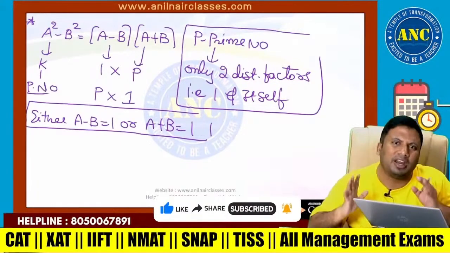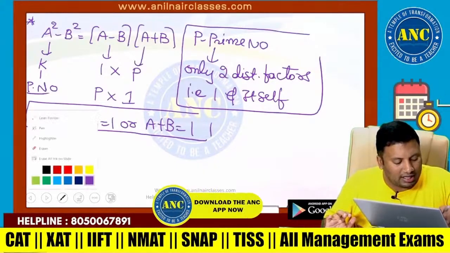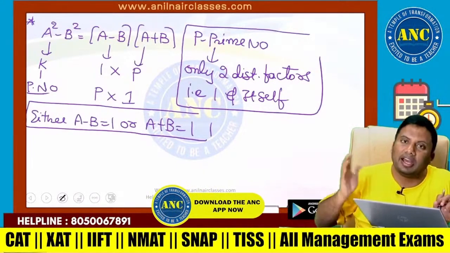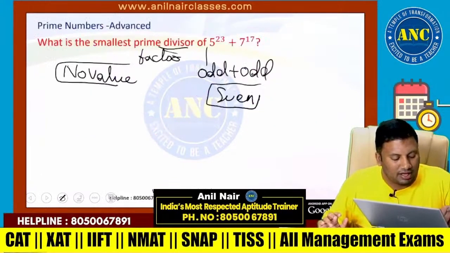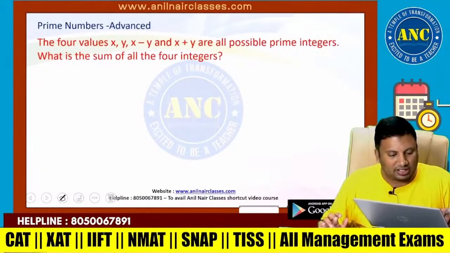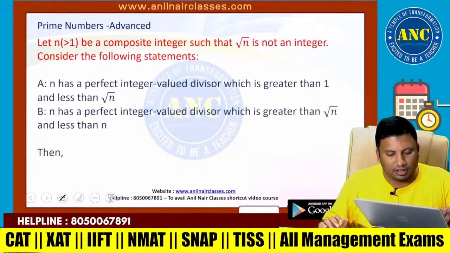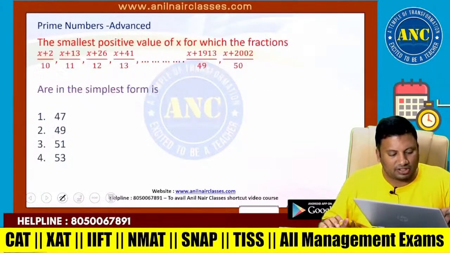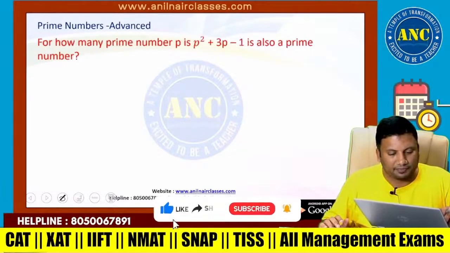Why? Because every prime number has only two distinct factors, 1 and itself. Either a minus b can be 1 or a plus b can be 1. Let us see this question, which we discussed in the first session. Very good questions are there based on this one.